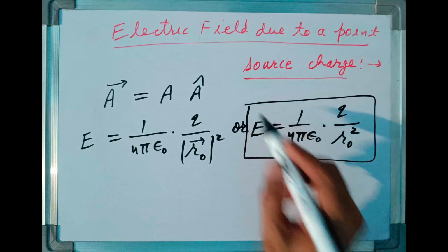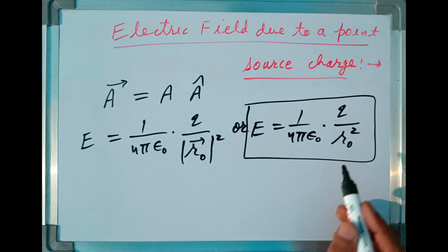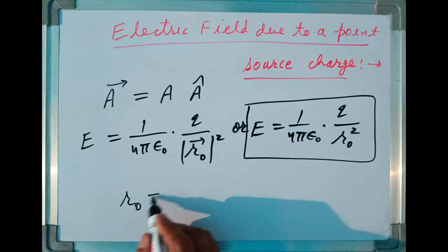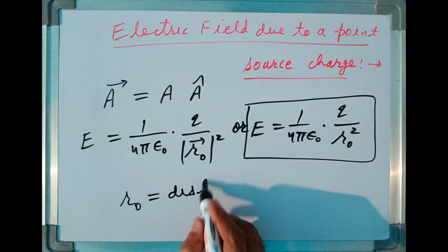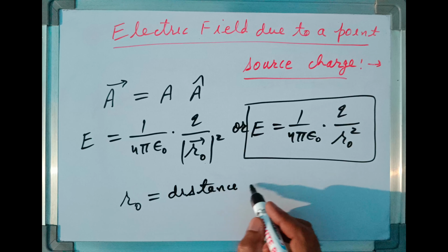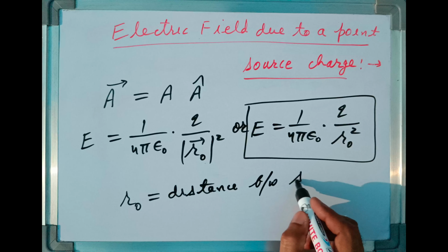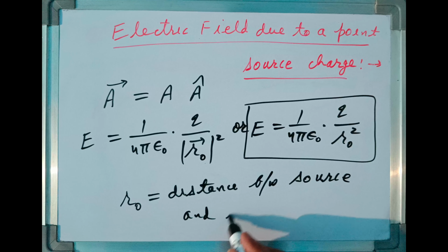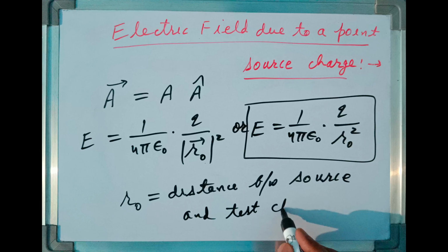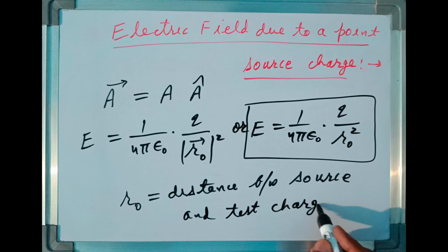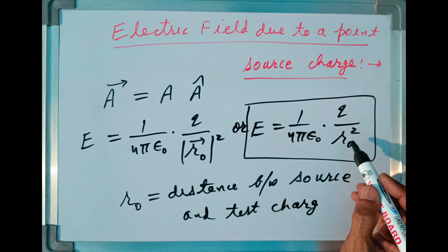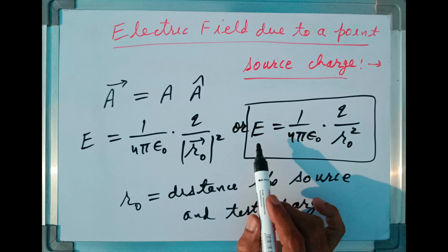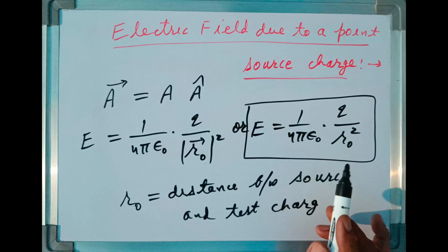In this result, r naught represents the distance between source charge and test charge. If we know the distance, by putting the value of that distance and the value of source charge, we can find electric field at the point of observation by using this relation. That's all.